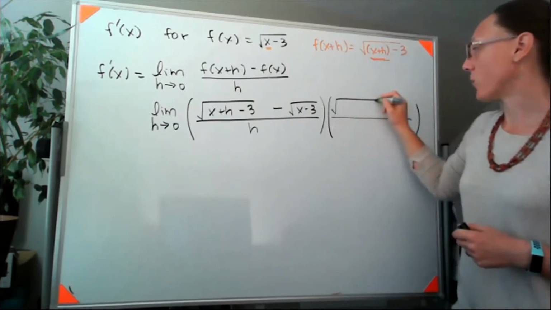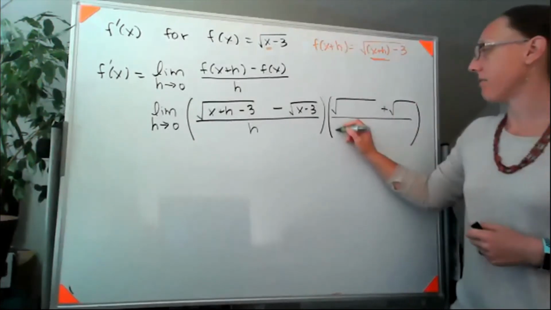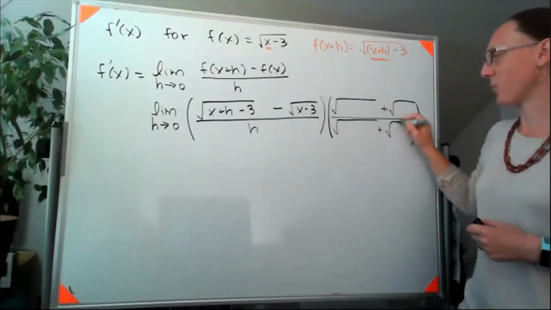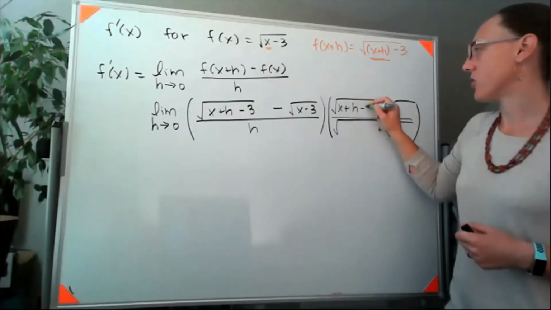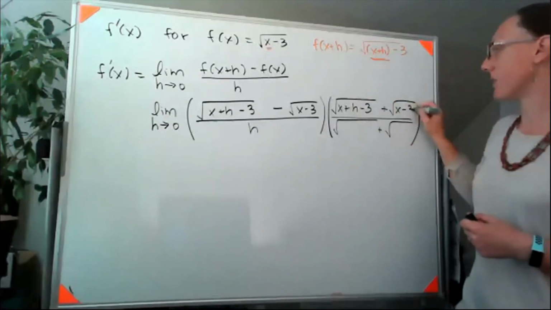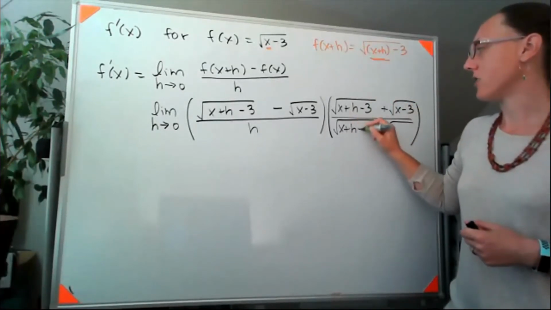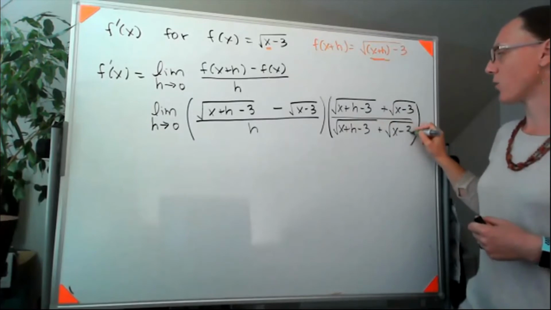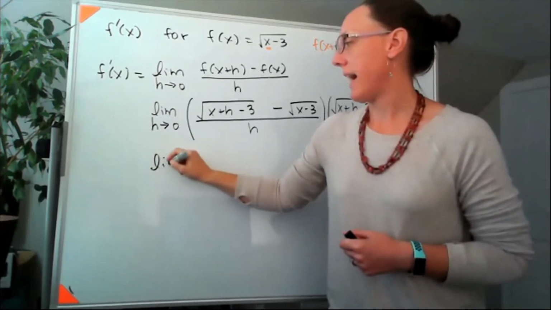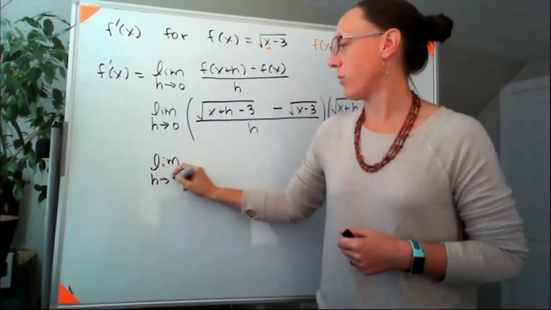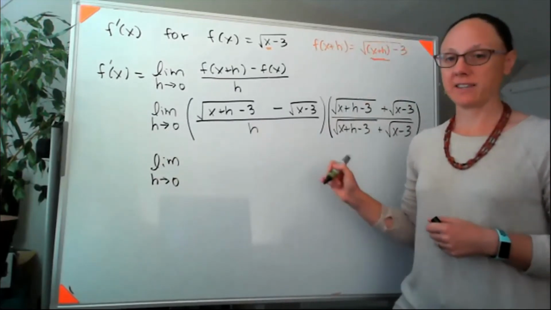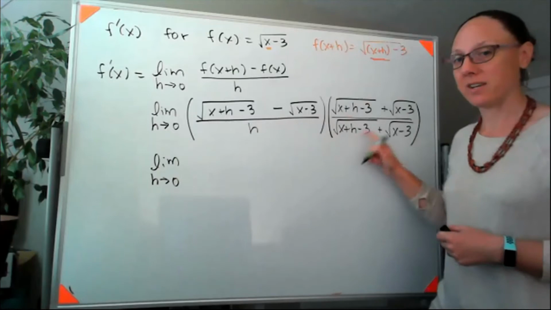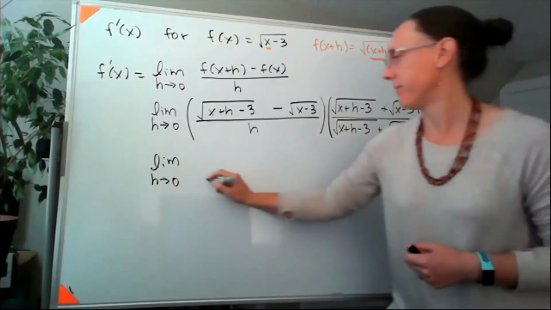So I'm going to have square root of stuff plus square root of stuff over square root of stuff plus square root of stuff: the square root of x plus h minus 3 plus the square root of x minus 3. And this has been the theme through all of our limits. Because I want that h to cancel out, I do not want to distribute it over here.